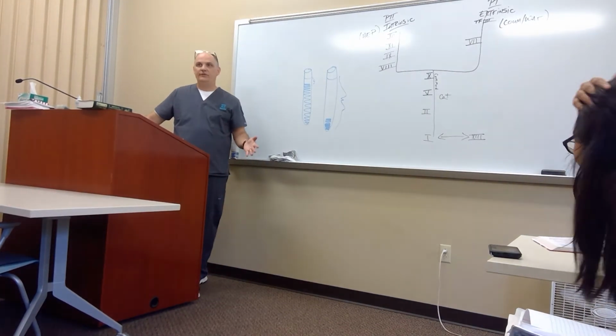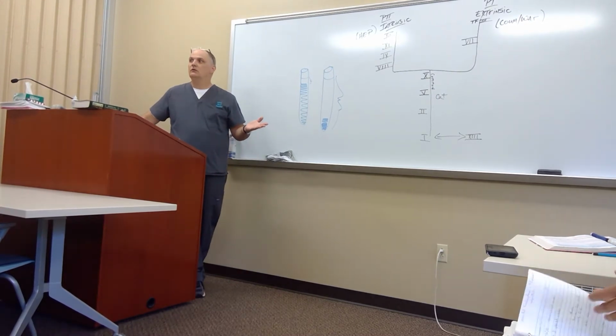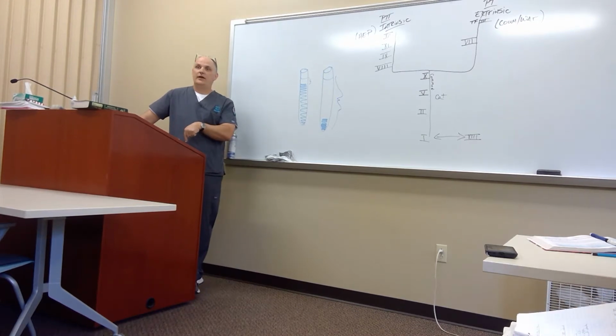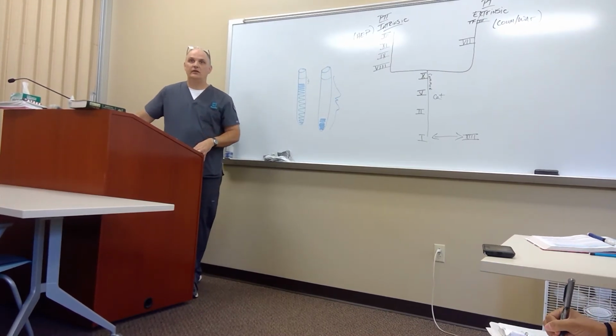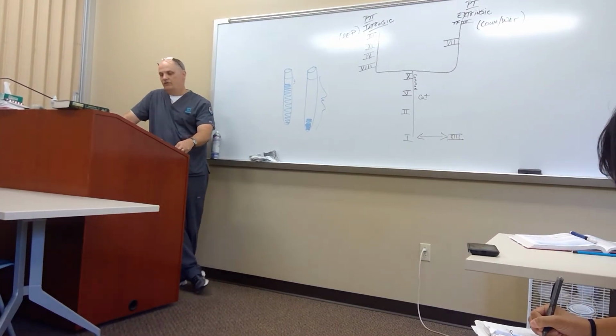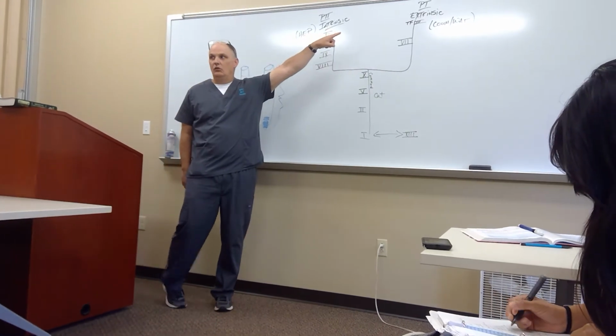Okay, let's talk about hemophilia A and hemophilia B. This is real easy study material. Factor VIII, which one is it, Ann? Is it hemophilia A? Okay, what about hemophilia B? Factor IX, correct? So if a patient has hemophilia A, which test is going to be abnormal?